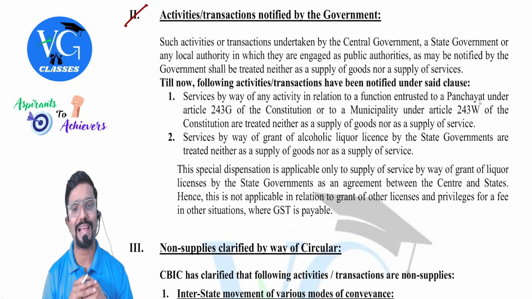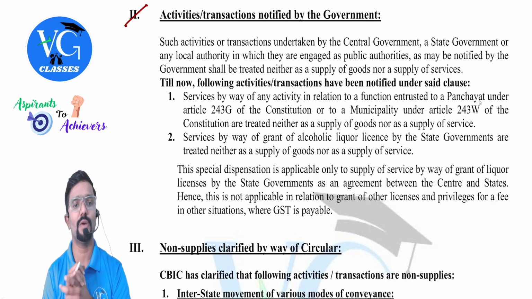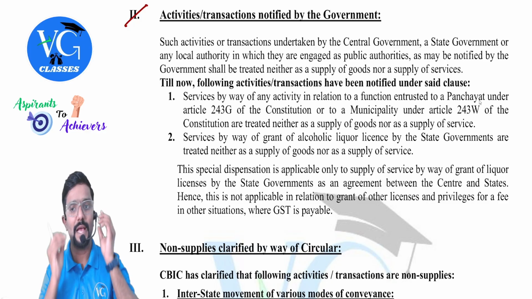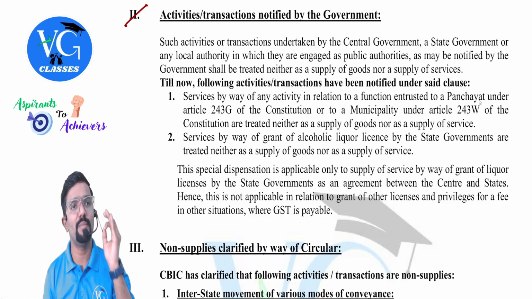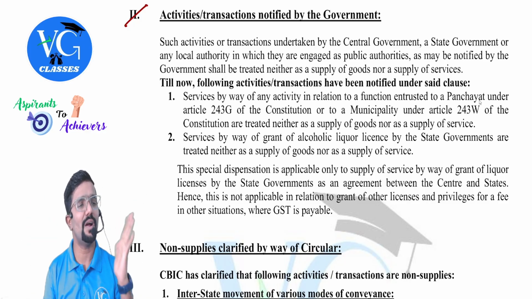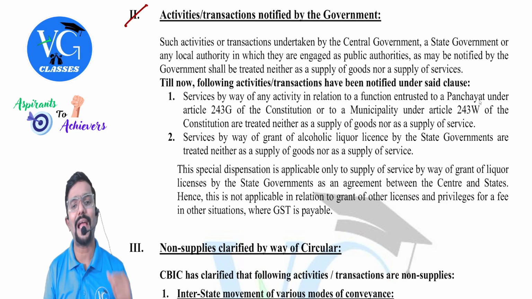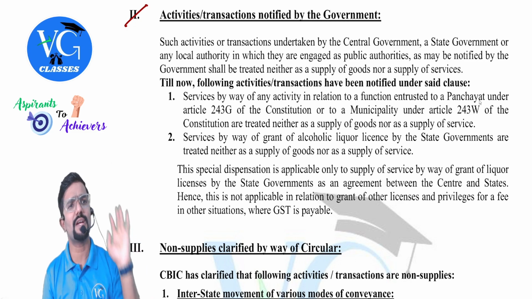Such activities or transactions undertaken by the central government, state government, or any local authority in which they are engaged as public authorities, as may be notified by the government, shall be treated as neither supply of goods nor supply of services. In simple terms, not a supply and not taxable under GST. Till now, the following activities or transactions have been notified under the said clause. Means two services are covered here.